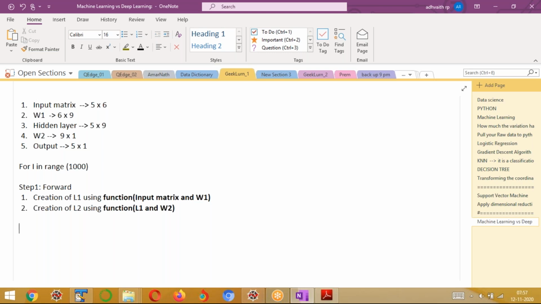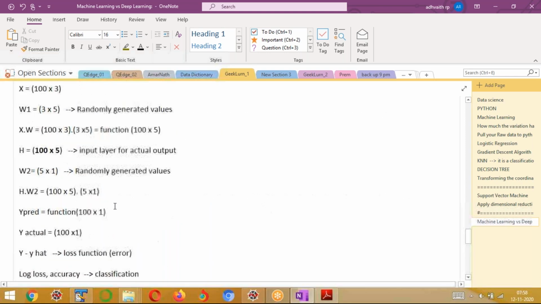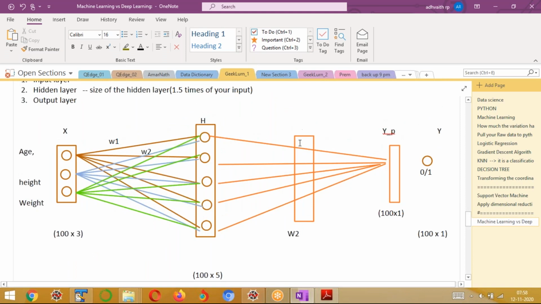Creation of L2 when I'm doing it, now your input is L1 and the W2 values. Here creation of L2 does not mean layer 2, it is whatever the next step. I did not mention a layer 2 discussion here, but you can imagine what is produced from layer 1.